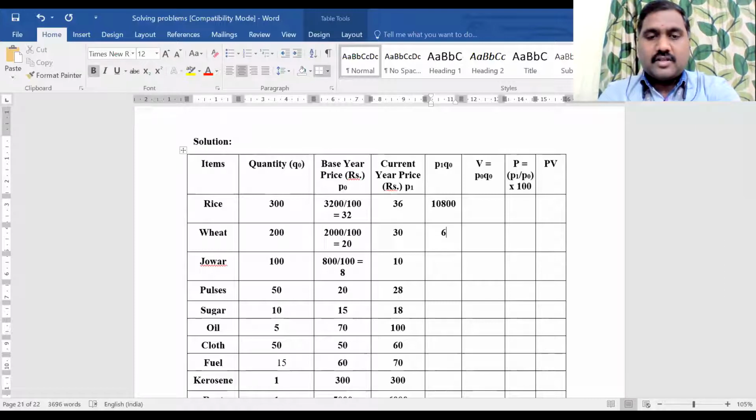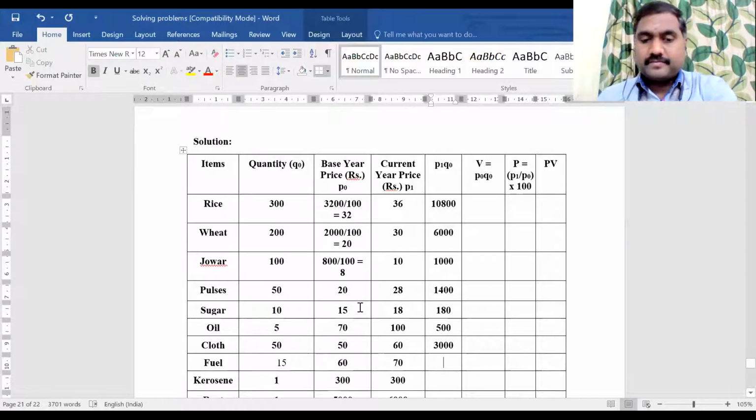So 330 into 200 will be 6000, and this will be 1000, and 1400 and 180, 500, 3000, and 15 into 70.